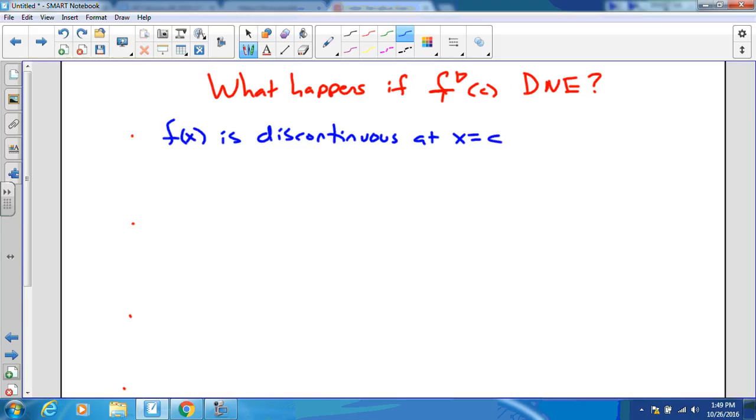What were our types of discontinuity again? What we talked about? Jump? Point or removable? And vertical asymptote, exactly. And in all three of those cases, because f of x is discontinuous at x equals c, it is impossible to draw a tangent line at that point. And we'll actually prove that fact tomorrow.